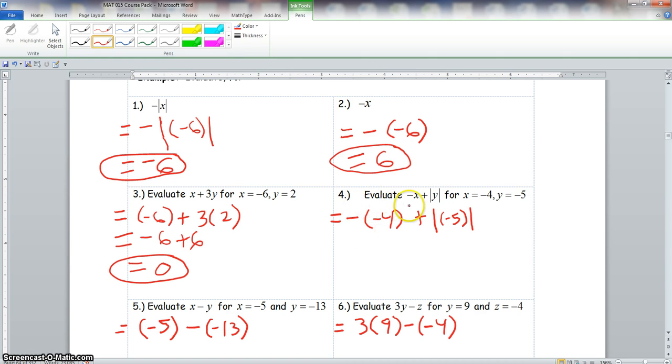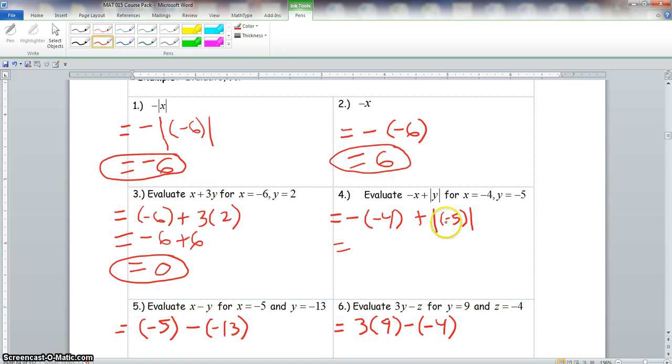Now we go here to number 4. They give us -x. And they tell us that x is -4, so we put in -4 for x. And then we had an absolute value of y, and y is -5. So now, we cannot do anything with this parenthesis here, but like I told you in the last problem, the absolute value is a grouping symbol, so we would do that before we would do any of the other operations except parentheses.